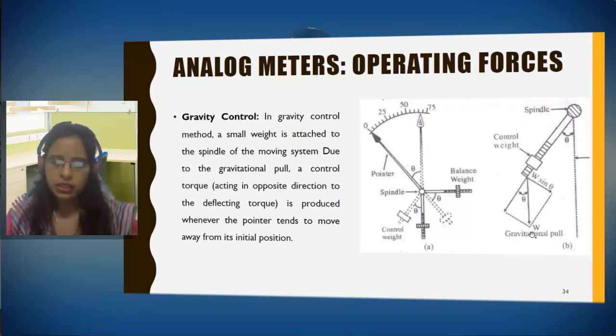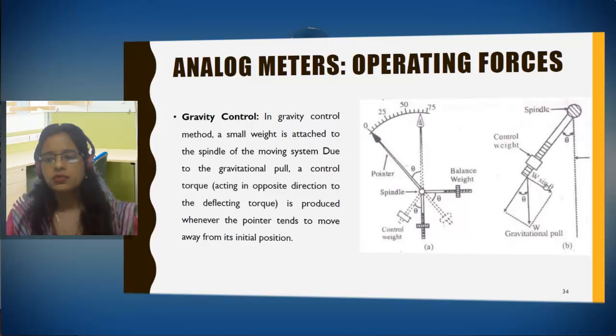Now this is the gravitational pull. Gravitational force is always acting towards the ground. So this will experience a force acting towards the ground, which is the weight of the body.